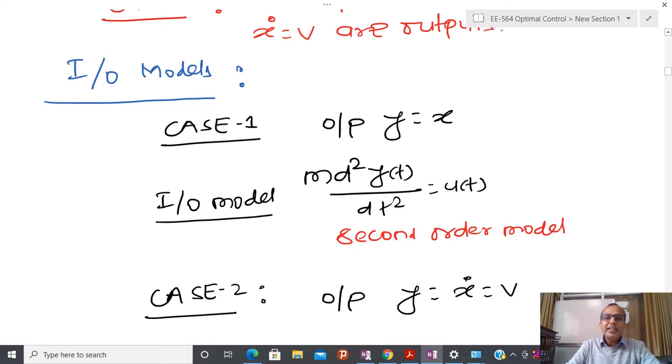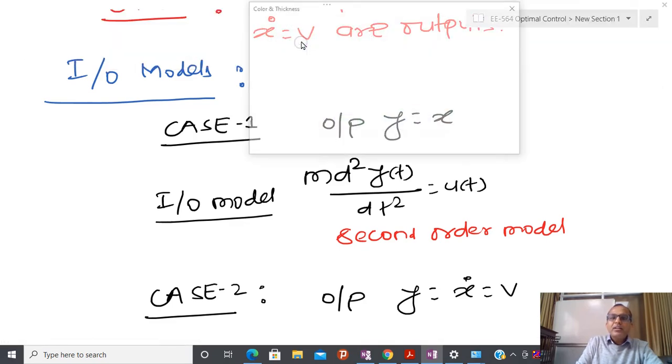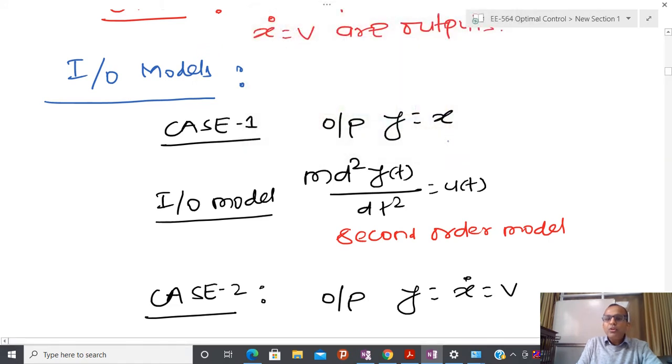So basically, if you talk about the input output model, then first I have to understand what my output is. This is actually decided by the user. So the user has thought that, okay, I am going to go with the position as the output. And in terms of output, you can see that I have the mathematical model, that is m d²x(t)/dt² equal to u(t).